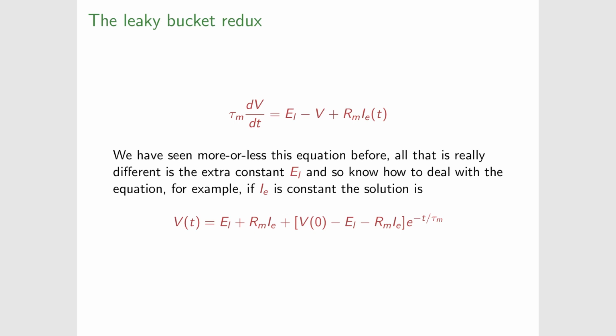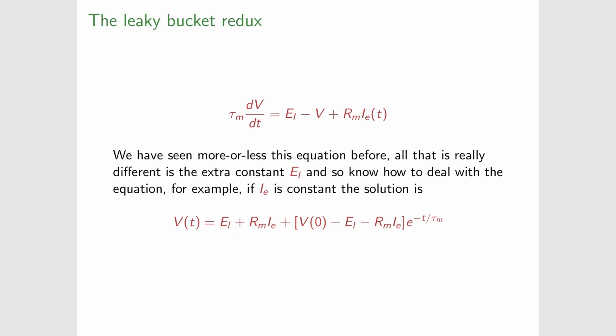It is, of course, almost the same equation that we had before. There's just this extra constant, E_L, coming into it. So before we had I over G, now we have E_L plus R_m I_E. But you can see that, as far as solving the equation is concerned, studying its dynamics, that's no big change. So we've more or less seen this equation before. And we can solve it if the current is constant.